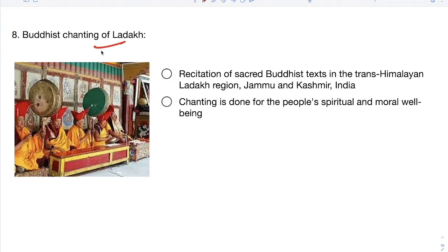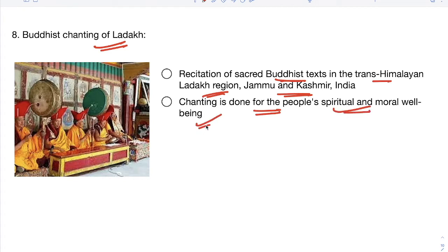And Buddhist chanting of Ladakh, this is also very important. It is a recitation of the sacred Buddhist texts in the trans-Himalayan Ladakh region, Jammu and Kashmir in India. The chanting is done for the people's spiritual and moral well-being.